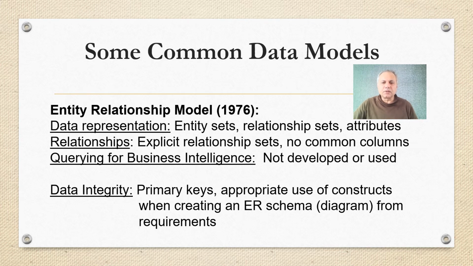Each box has a set of attributes that go with it that describe each entity in the box. In terms of relationships between boxes, you have this concept of relationship sets explicitly drawn as diamonds. And we don't use common columns here. Instead, we actually draw the diamond between the boxes to show the relationship.